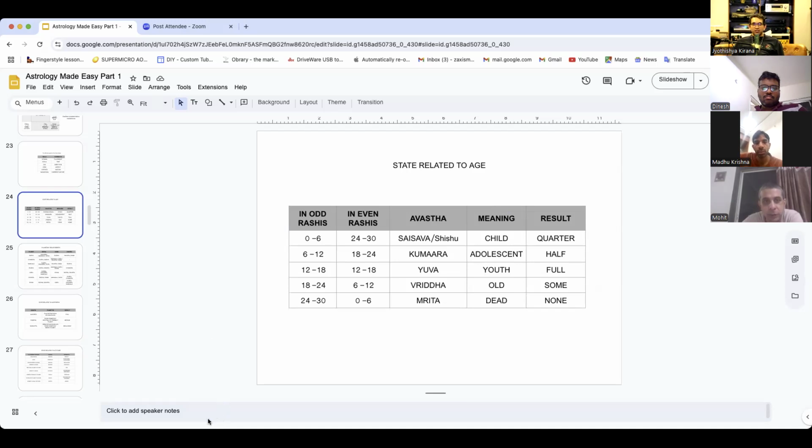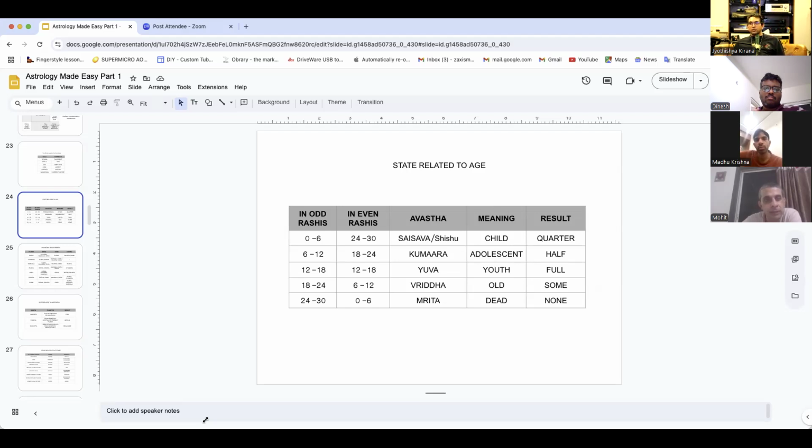So it was Shishuvastha. So that means it will behave like a Shishu in the personality. All qualities related to a Shishu will be there. Innocence will be there. At the same time, a little bit of fickleness will be there. No rootedness, which is associated with a Shishu. You don't expect a Shishu to be very mature, do you?